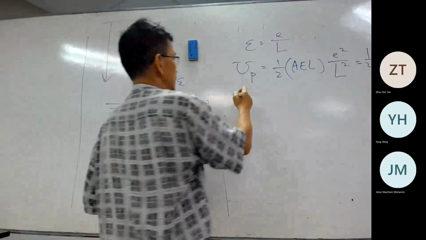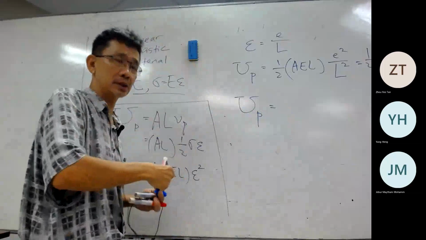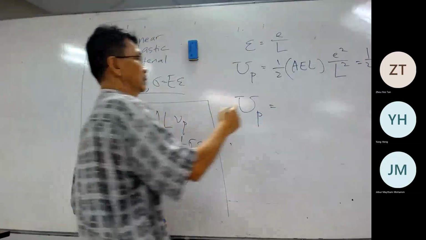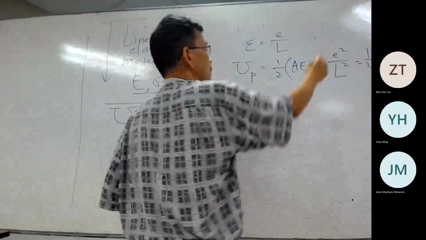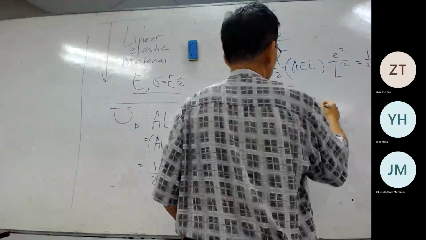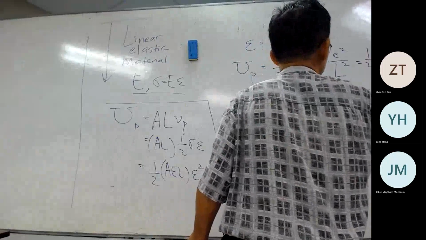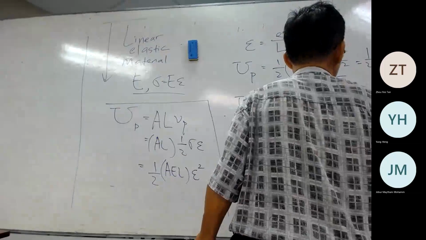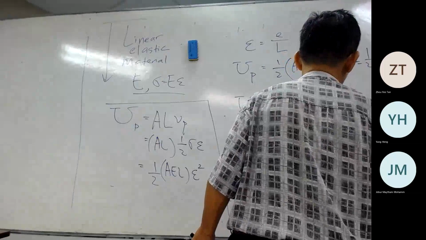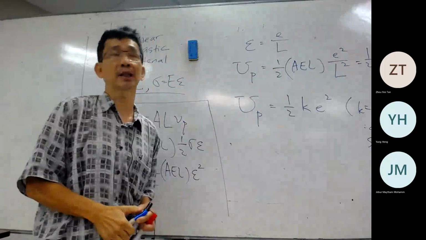So here, the strain energy of a linearly elastic prismatic bar of length L is equal to half K delta squared, if we call this K the axial stiffness, where K is equal to EA over L. It's like the spring constant of the bar.